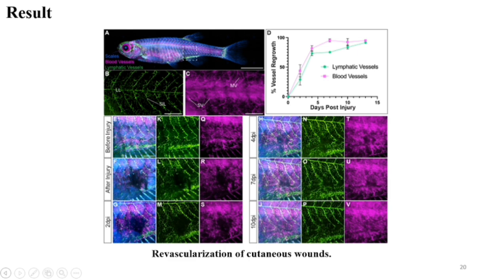By day 4, more than 75% of the wound area is revascularized. The second phase is the later phase, from day 4 to day 10 after the injury. After day 4, the growth rate slows down, but the vessels continue to grow into the wound area. And by day 10, around 90% of the wound area is covered by new blood and lymphatic vessels.